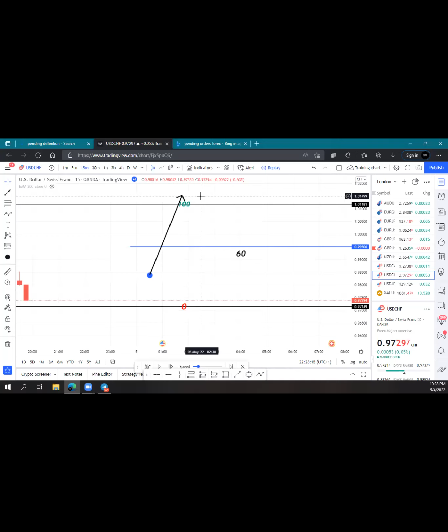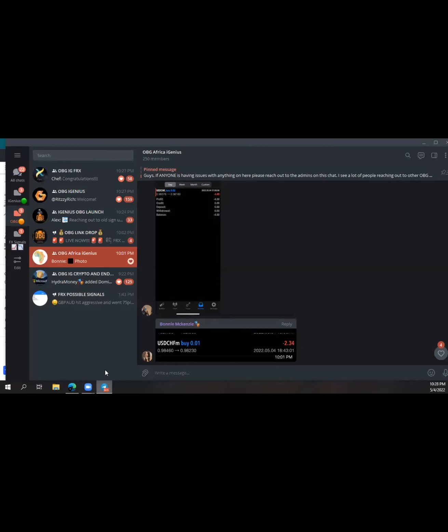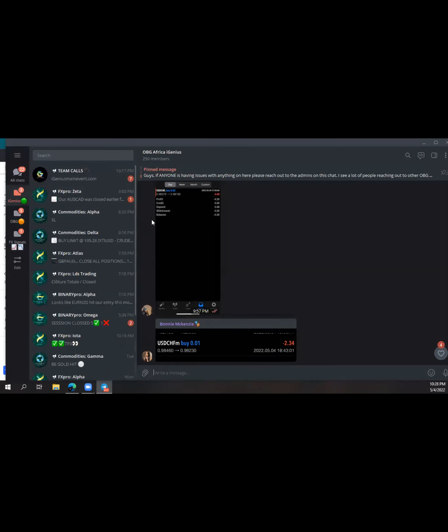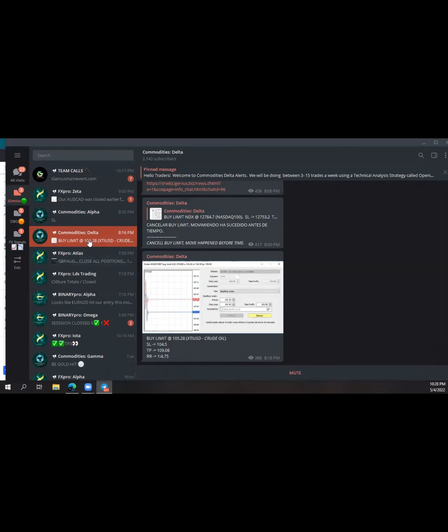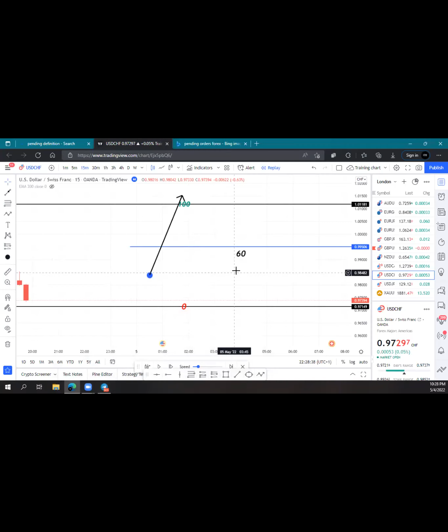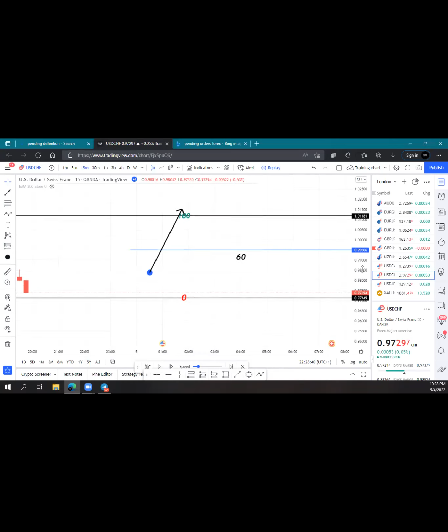So let's have somebody share screen, right? And we're actually going to take an example from one of these signal channels. We'll just look for any one of them. And maybe we'll try out this commodities delta. We're going to try out this trade signal, right? I need one Android, one iOS.